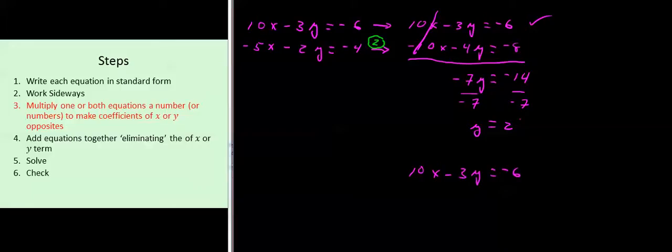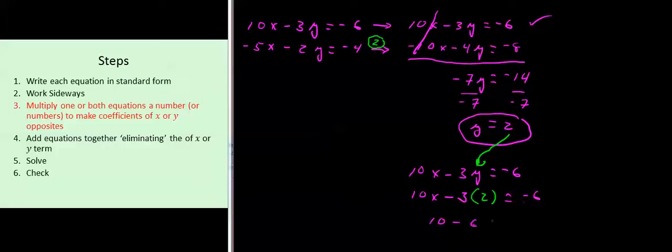Doesn't matter which equation I put this back into. 10x minus 3 times 2, substituting this for y, equals negative 6. 10x minus 6 equals negative 6. Add 6.